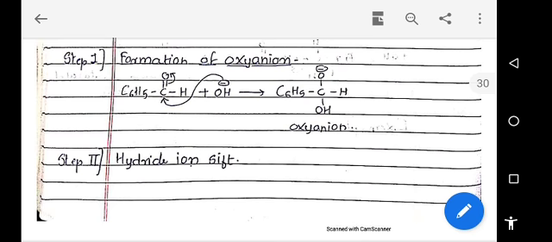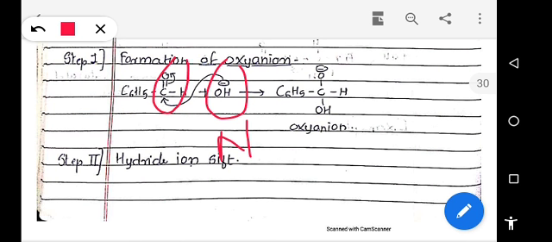If it acts as a nucleophile, then there should be an electrophilic center. We can find it easily here. The carbonyl carbon is the electrophilic center. The OH minus attacks this carbonyl carbon, and we get the oxyanion. But this oxyanion is unstable.